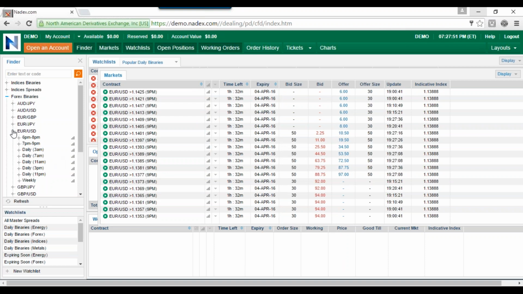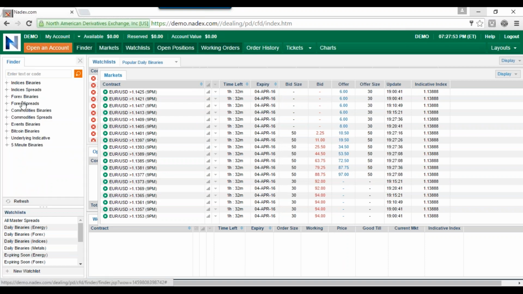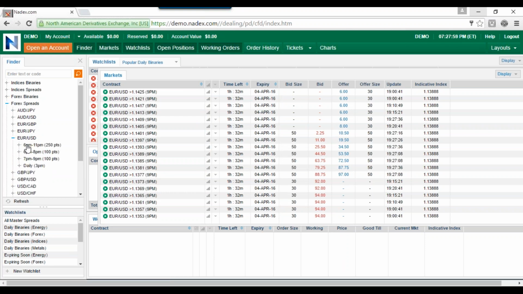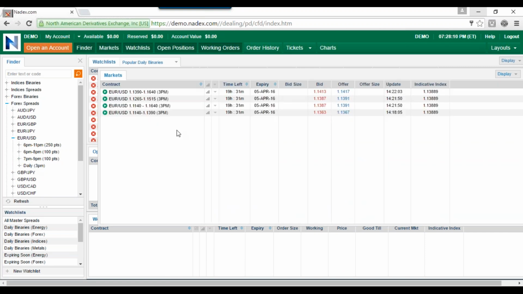Now, let's look at some spreads, for example. And obviously the same with spreads. There are multiple spreads you can choose from. You've got 6 to 11, 6 to 8, 7 to 9, all kinds of different spreads. You've even got some of these big daily spreads. Some of these daily spreads are a little bit wider.